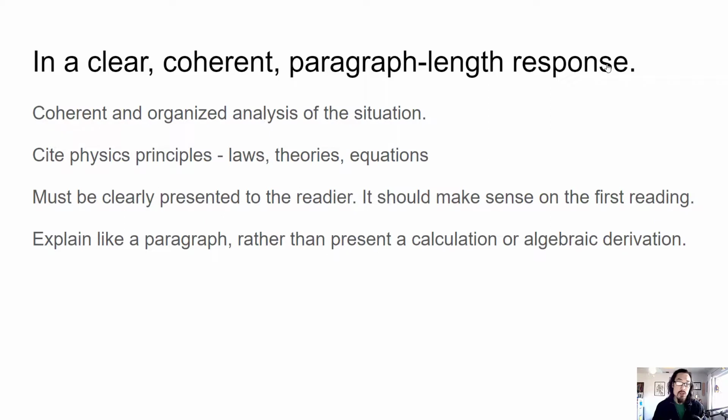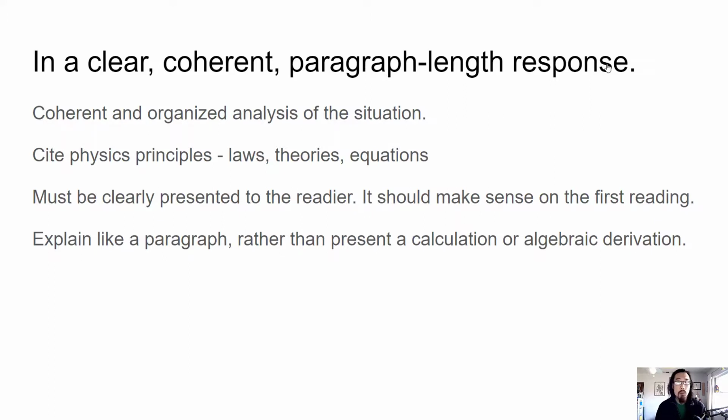You have to talk about physics principles, which include laws, theories, and equations: conservation of energy, conservation of momentum, all that good stuff. Equations are a good way to reference these laws and theories, because a lot of our equations come from them. It must be presented clearly to the reader so that it makes sense on the first reading.